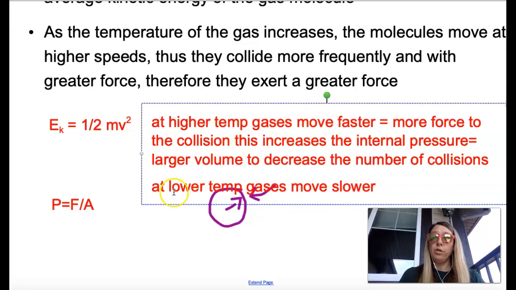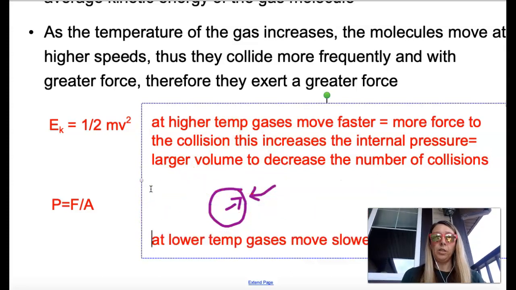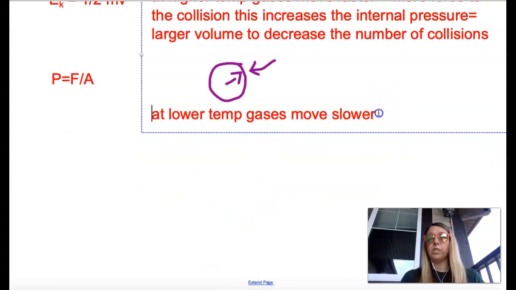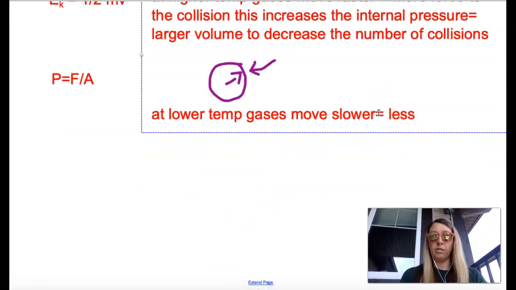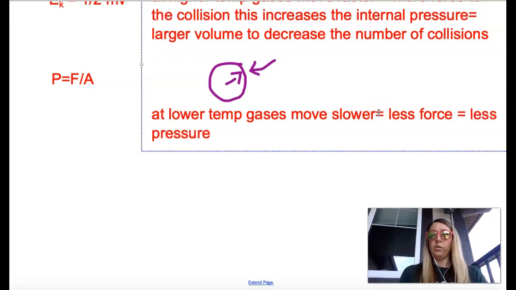Okay, the opposite is true at lower temperatures. Okay, we find that at lower temperatures, our gases move slower. So if they're moving slower, that's going to mean there's less force. And if there's less force in every collision, there's less pressure. So now again, we have a pressure imbalance between the outside not having changed and the inside having decreased.